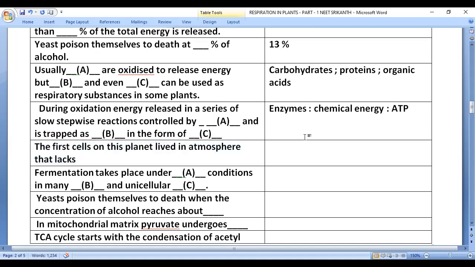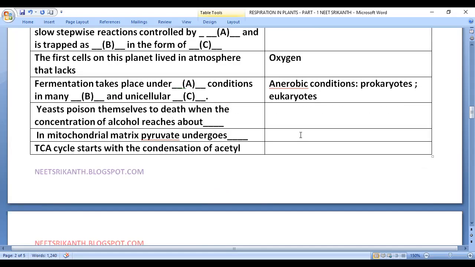The first cells on this planet lived in an atmosphere that lacks oxygen. Fermentation takes place under anaerobic conditions, in many prokaryotes and unicellular eukaryotes. Yeast poison themselves when the concentration of alcohol reaches above 13%.